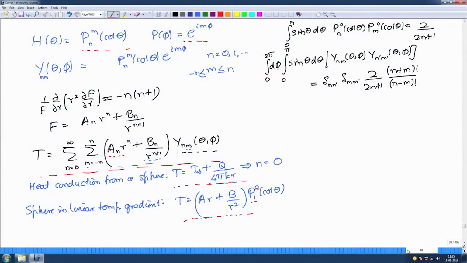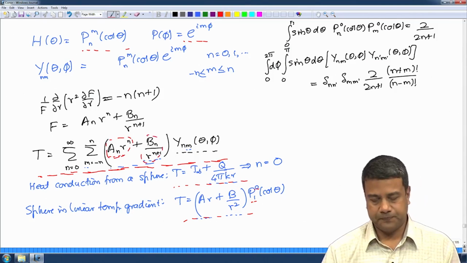I had in the previous lecture given you the general solutions for a spherical coordinate system as a series of spherical harmonics. You can see there are two of these spherical harmonics. One is increasing proportional to r power n and the other is decreasing as 1 over r power n plus 1.